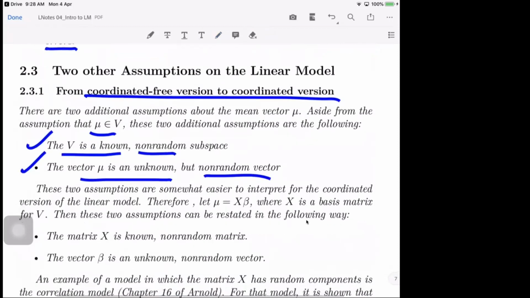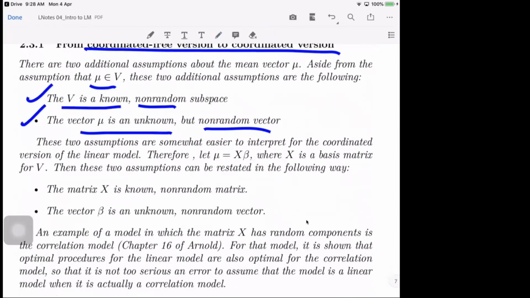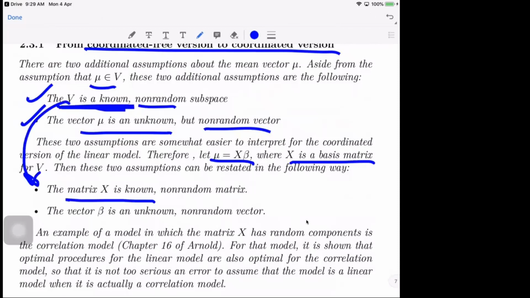These two assumptions are somewhat easier to interpret for the coordinatized version of the linear model, wherein our mu will be equal to X beta, where X is some basis matrix. Equivalently, when we say V is known, we are saying that the matrix X is known and is a non-random matrix. And when we say that the vector mu is an unknown parameter, in the coordinatized version we say that the vector beta is an unknown and non-random vector.